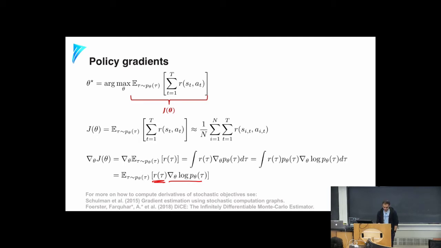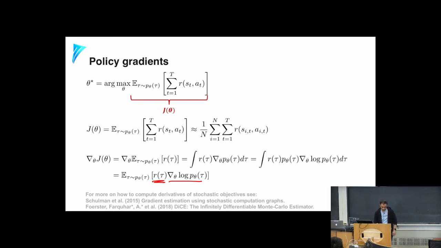And in general, this construction here in the brackets can be generalized to any stochastic computation graph, or in general, any graph of computation where there are some nodes that are stochastic, and there is a way to take the original objective and rewrite it into a so-called surrogate objective, so that the gradient of the surrogate objective will be an unbiased estimator for the gradient of the original objective.